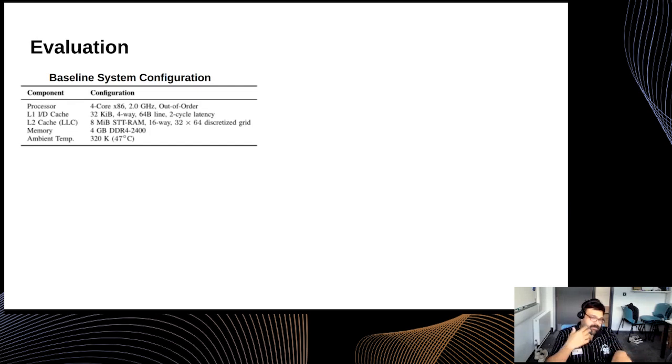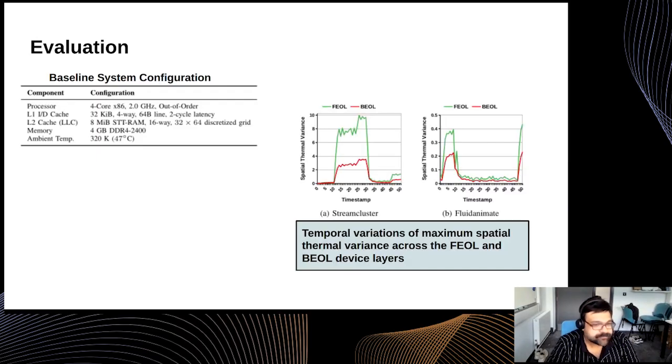That is, this grid has 32 by 64 chunks. Memory we have considered at 4 gigabyte DDR4 2400, and the ambient temperature we considered as 47 degrees Celsius, which is practically the outside temperature of the case.